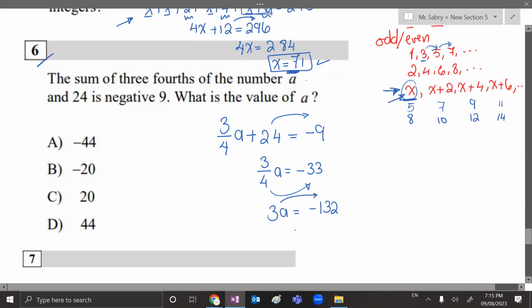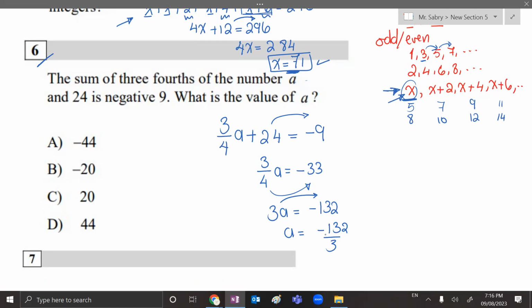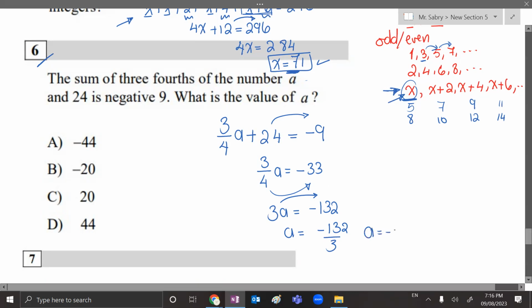And then I'll move the 3 by division. Does that make sense a bit, or not really? Yes. So here, this one will become negative 44. This is the value of A.